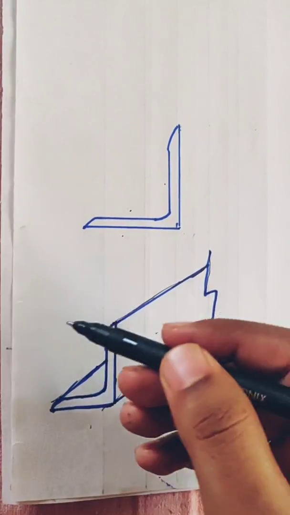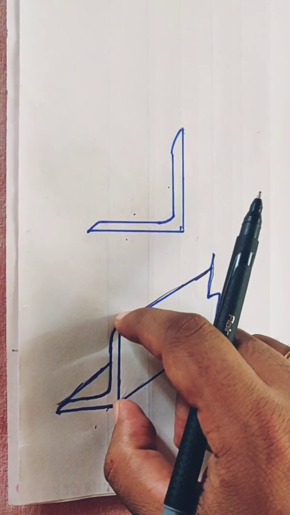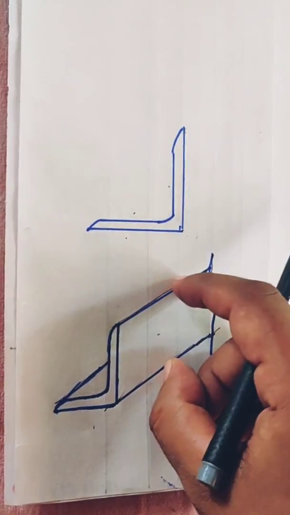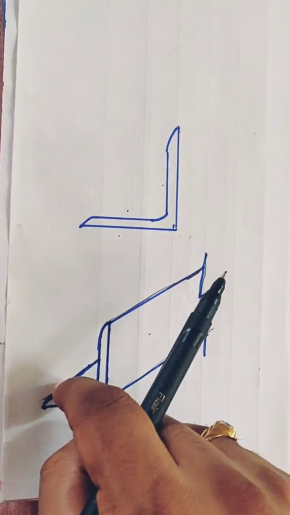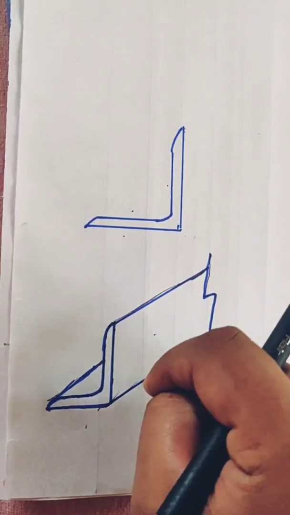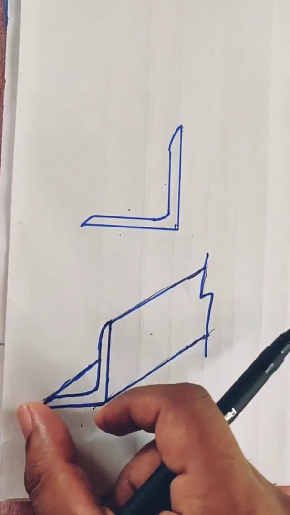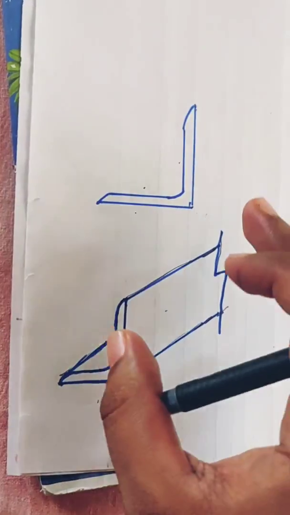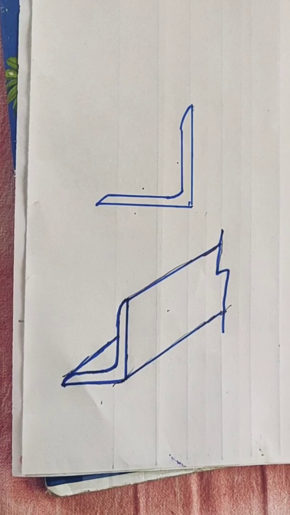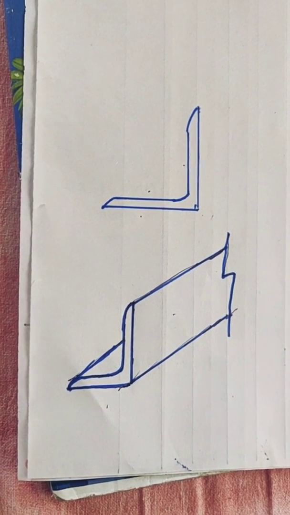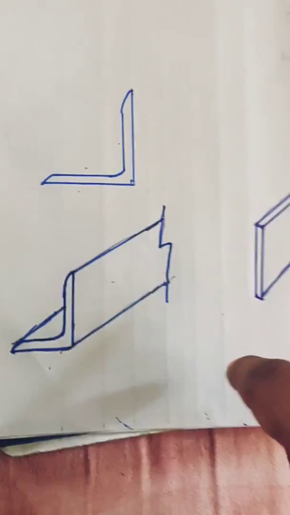This face is 1, and similarly I have one more on the other side. So how do we calculate the perimeter? This length into 2 times plus this length into 2 times, and you'll get the perimeter. Once I calculate the perimeter, multiply that with the length and you will get the total quantity for the painting, right? I hope you understood this.